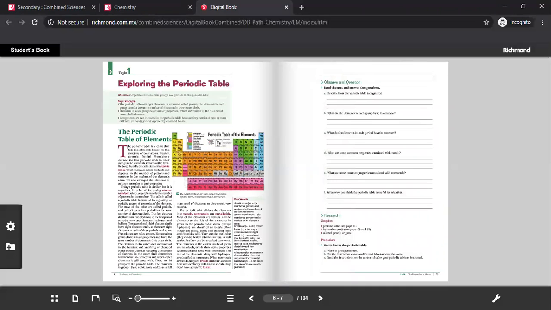If you remember, we explored the periodic table where the elements are organized according to the atomic number, which is given by the number of protons, right? So there you have hydrogen, which is number 1 and has only 1 proton. Okay, so that was our topic number 1, the periodic table.